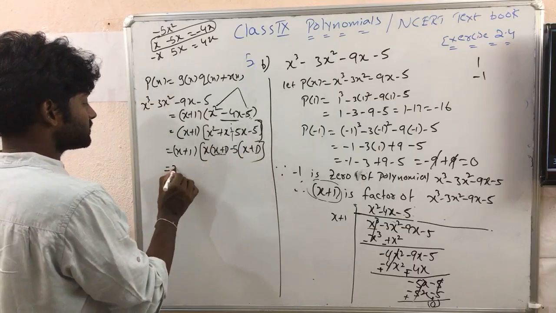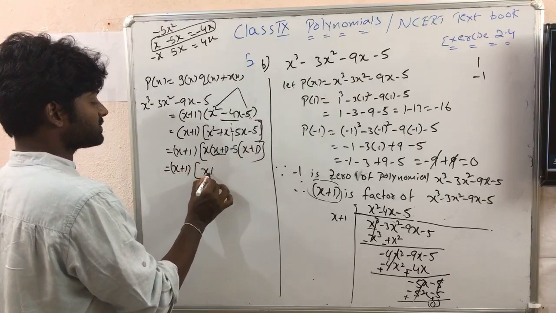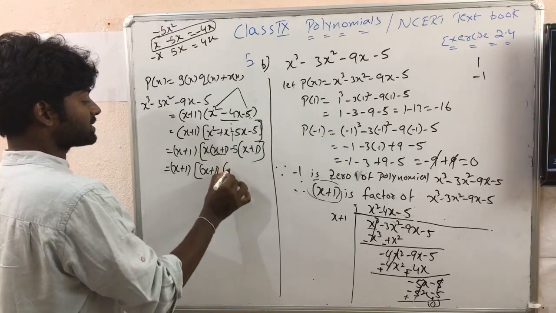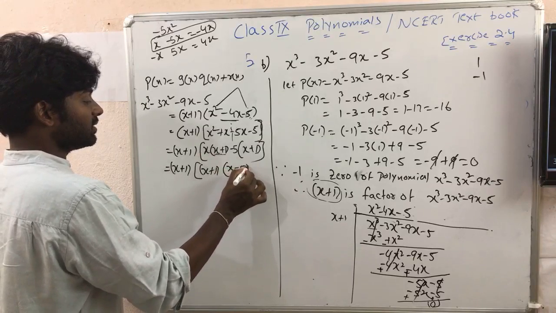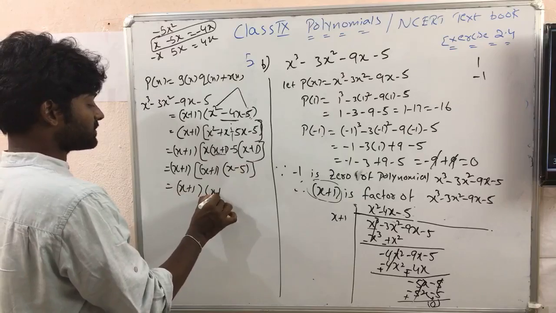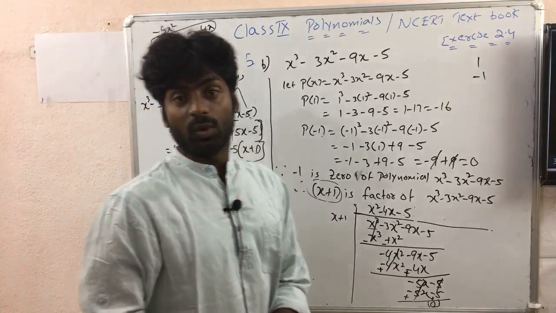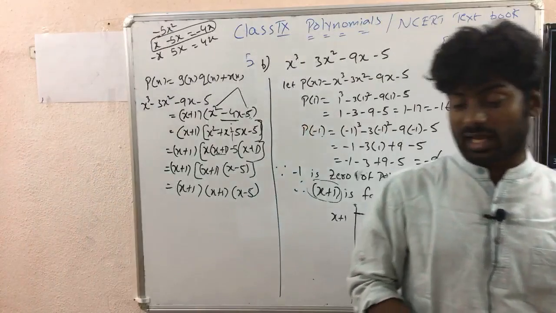Now take x plus 1 common: x plus 1 into x left here, minus 5 left here. So the factors are x plus 1 into x plus 1 and x minus 5. Any doubt here? If you have any doubt, you can type here.